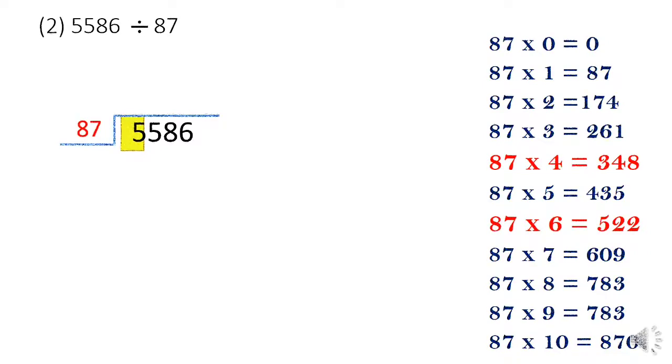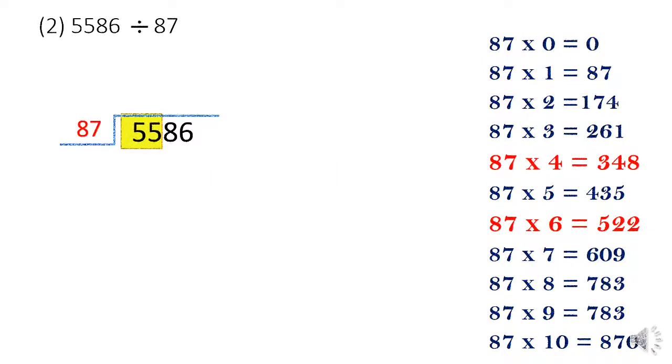We compare the leftmost digit in thousands place in the dividend, that is 5, with the divisor 87. As 5 is smaller than 87, we compare the digit at hundreds place with the divisor. It is 55.